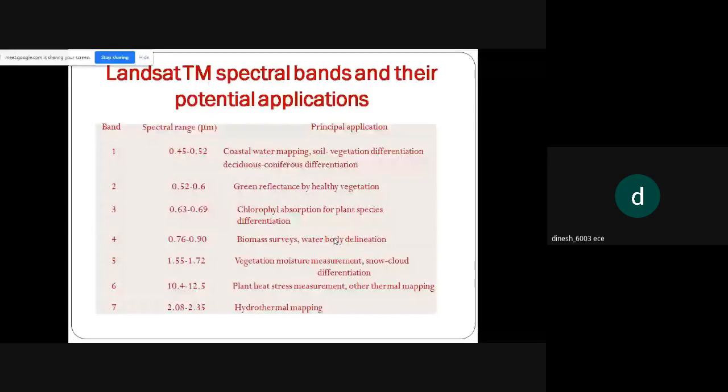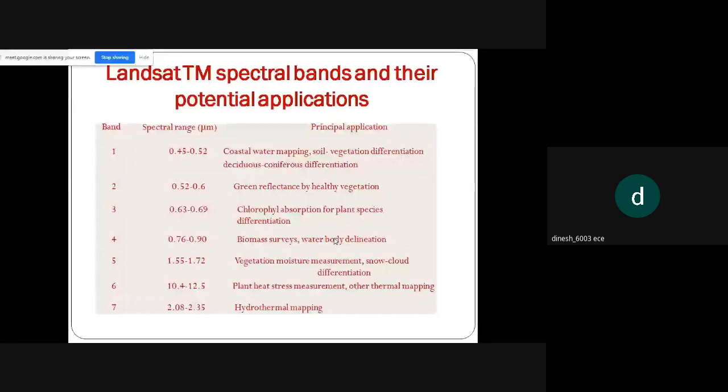Whether it is good vegetation or dry vegetation is being determined by this spectral band. The spectral band 3, having spectral range 0.63 to 0.69 micrometer, is used for chlorophyll absorption or plant species differentiation applications.